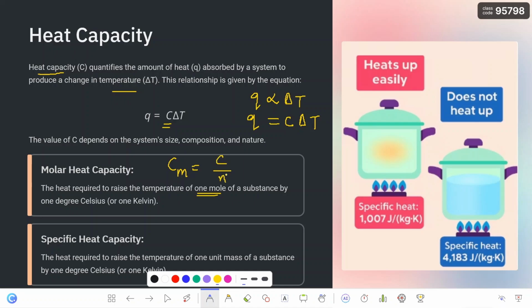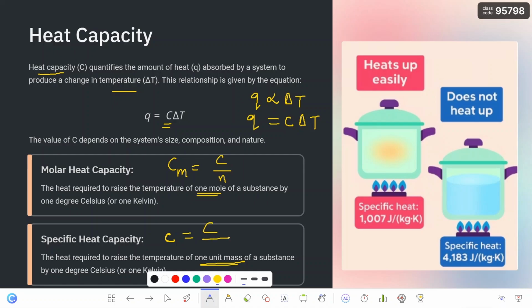Then specific heat capacity is the heat required to raise the temperature of 1 unit mass by 1 degree Celsius or 1 Kelvin. Here it is for 1 mole, there for 1 unit mass. We can represent specific heat capacity by small c, or otherwise Cs, whatever you want.